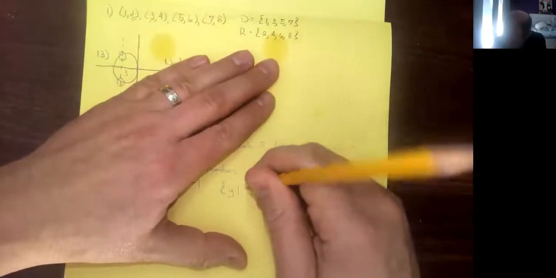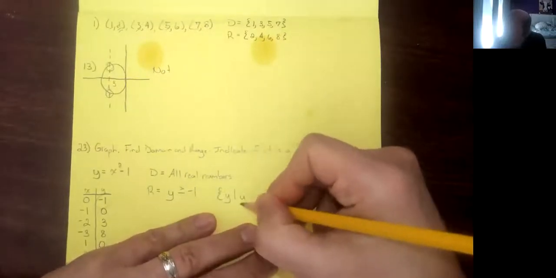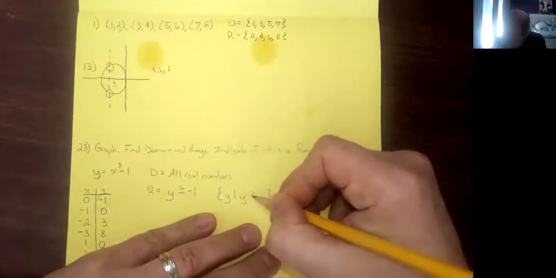So that's all they wanted. They wrote it backward. I should have written it differently. It doesn't really matter how you do this. That's how the book wants it. Same idea, same thing. So all y such that y is greater than or equal to -1.